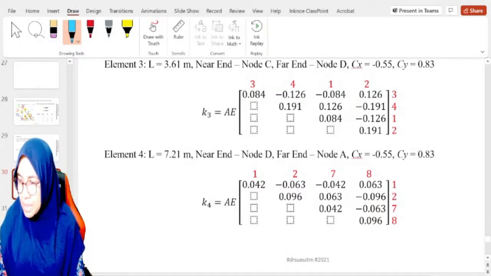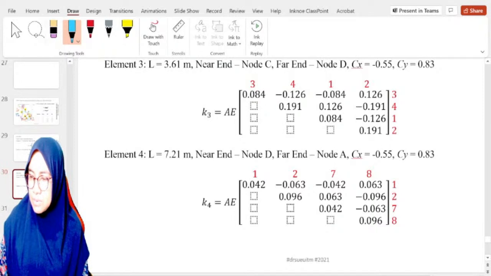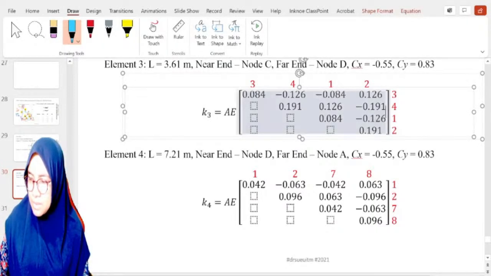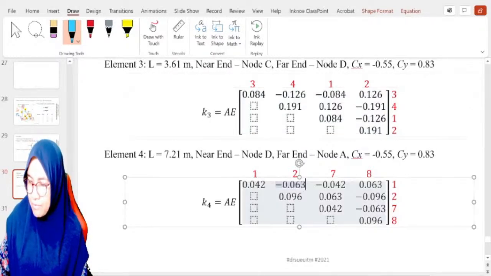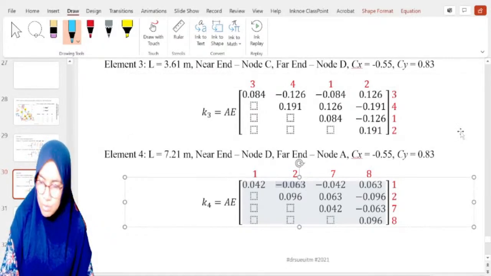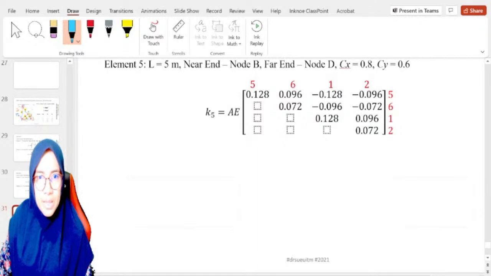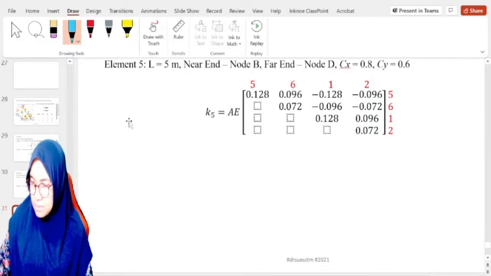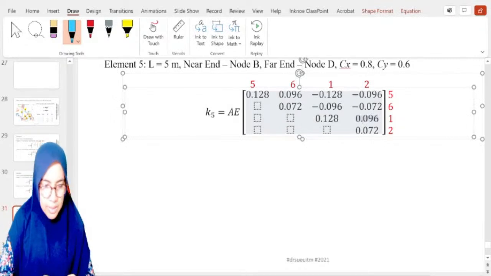1, 2 is negative 0.126. Okay, this one, negative 0.126. 1, 2, we have negative 0.063, and 1, 2, we have 0.096 plus, okay, this is the value, 0.096.